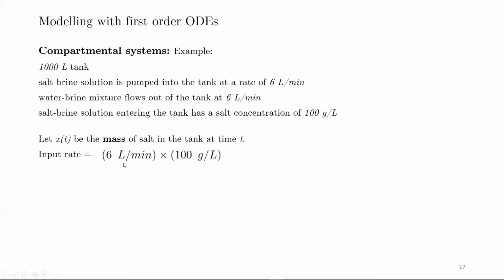Okay, so 6 liters per minute multiplied by 100 grams per liter. Well, if you look at the units here, the liters are going to cancel out, and we're going to get grams per minute. So the amount of salt that is actually entering the tank is 600 grams per minute.